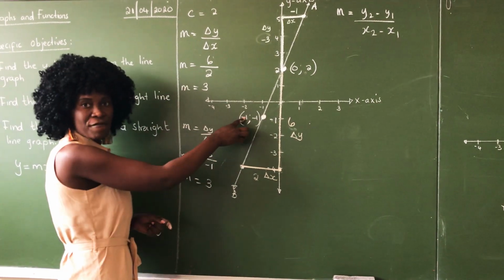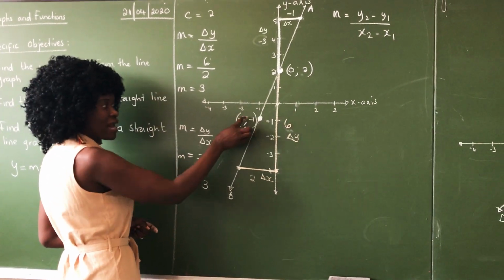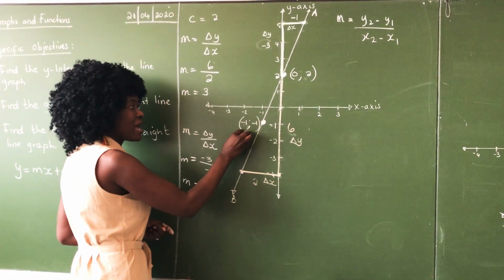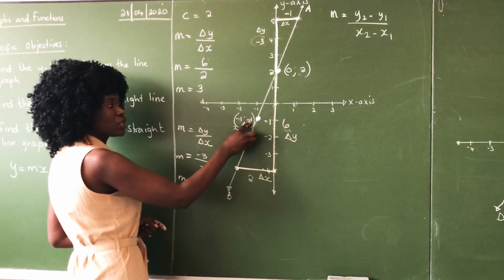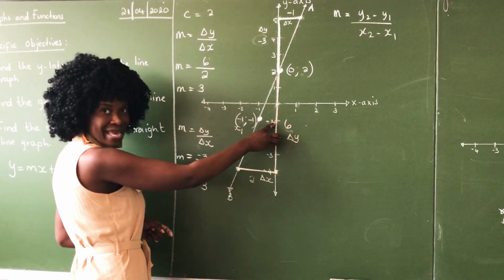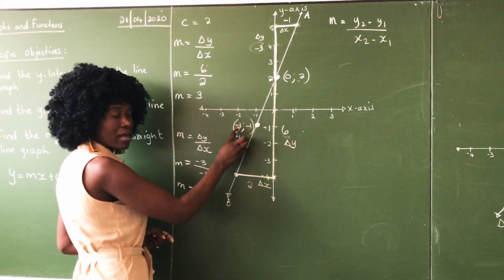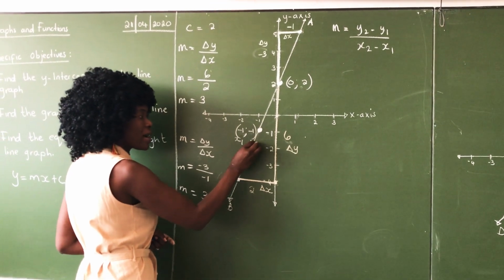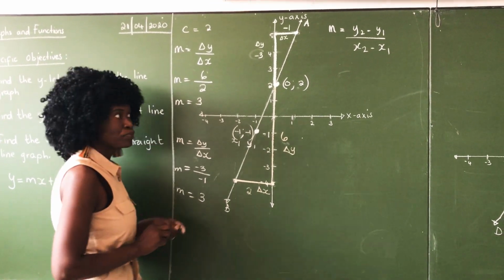This being my first pair, the -1, the first coordinate, is from the x-axis, so this will be my x1. And the second coordinate is from the y-axis, so the -1 will now be my y1.